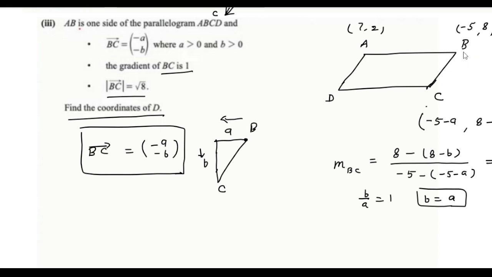You see this is point B and this is point C. So from B I moved A unit left and then from there I moved B unit down. A unit left and B unit down and I reached here. Okay, and therefore I can find my x coordinate of C. It will be -5 - A, because I'm moving left from this, and the y coordinate will be 8 - B. I already have the coordinate of B, (-5, 8), in the question. So from that I will find the coordinate of C.